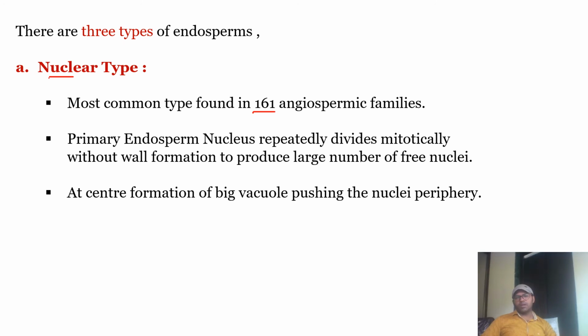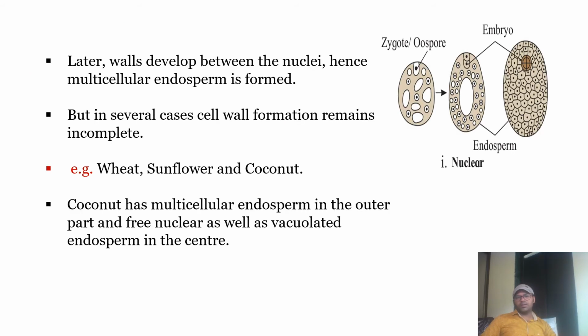So the primary endosperm nucleus, that is PEN, repeatedly divides by mitotic division, and it will form a large number of free nuclei like this. In the diagram you can see a large number of free nuclei formed due to the repeated mitotic divisions.